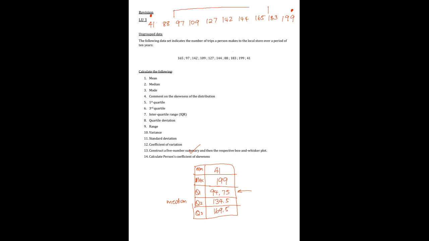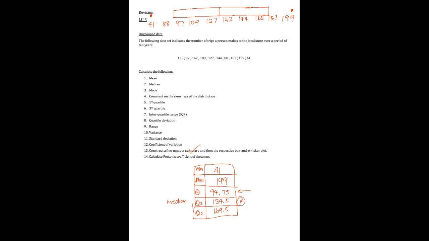Across them, you can just join that. And then at Q2, which is your median, 134.5, you're going to draw that here.